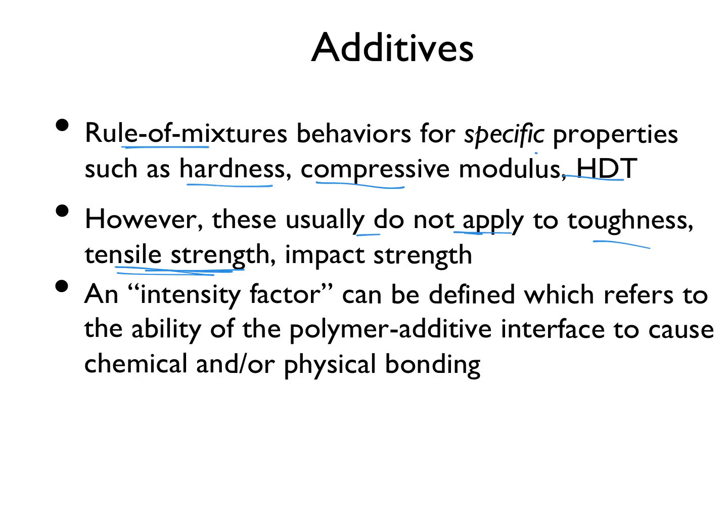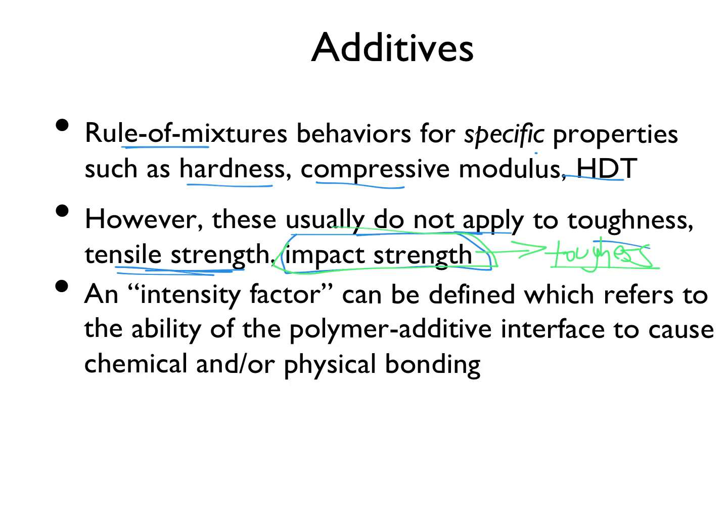Impact strength is another one where we can have problems because impact strength, as we just got through talking about, relates to toughness: the ability to survive damage and stay in one piece. And this can be a problem.